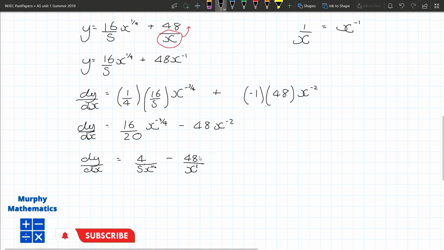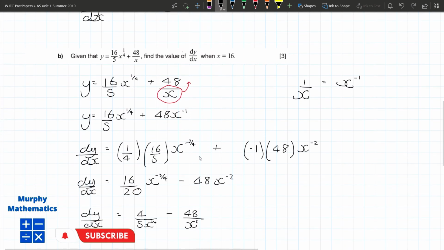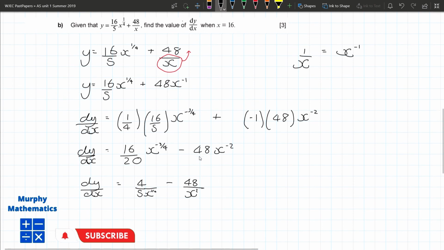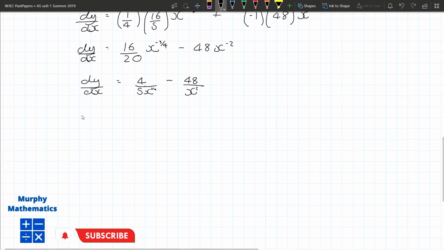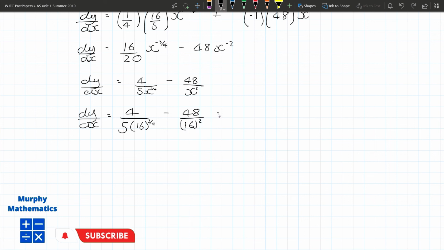Okay, and so with our question, we got told find the value of dy dx when x equals 16. So I want to find out what dy dx is when x equals 16. So I'm going to just put, wherever I see x, I'm just going to put 16 instead. Minus 48 over 16 squared.